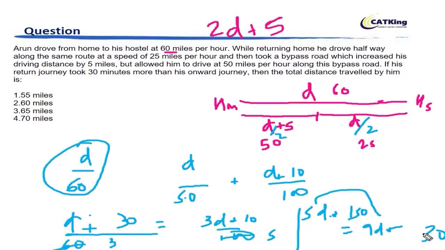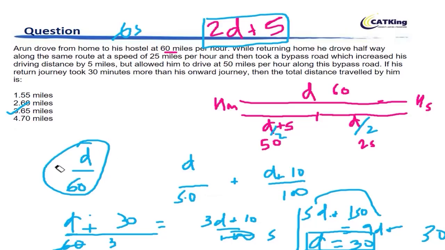Now 4d is equal to 120, so d is equal to 30. Now the question is what is the total distance? It is 2d plus 5. Total distance is 2d plus 5, therefore the answer is 65. I hope the concept is very clear now, right?